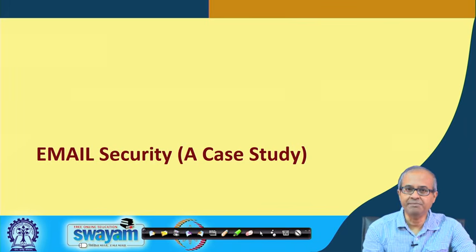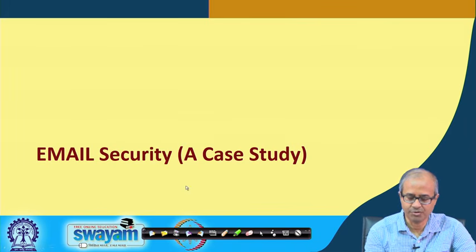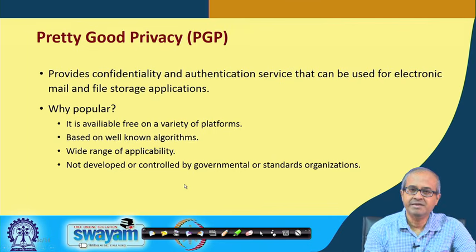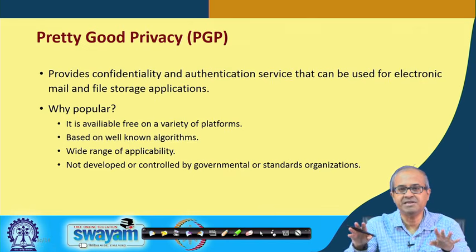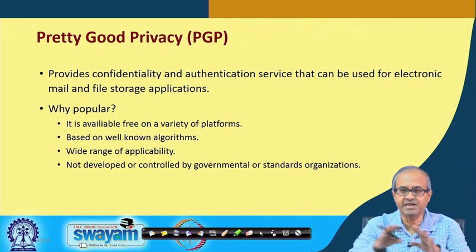Now, coming to email security, I am looking at just one example case study. There is a secure mail system called PGP, pretty good privacy. Normal email service does not provide you with any security. There is no confidentiality, no authentication, nothing is provided.